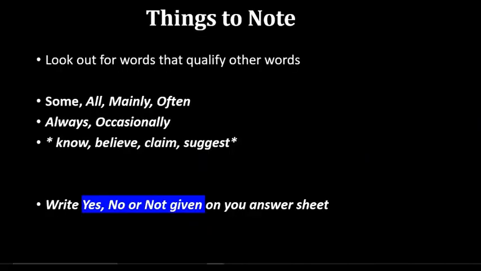Okay, so there are certain things that you have to look at. IELTS uses these words. They are quite small, however, they can make a big difference in the meaning of the entirety of a sentence. Okay, so within the statement, they will write, oh, very few of something had done something.